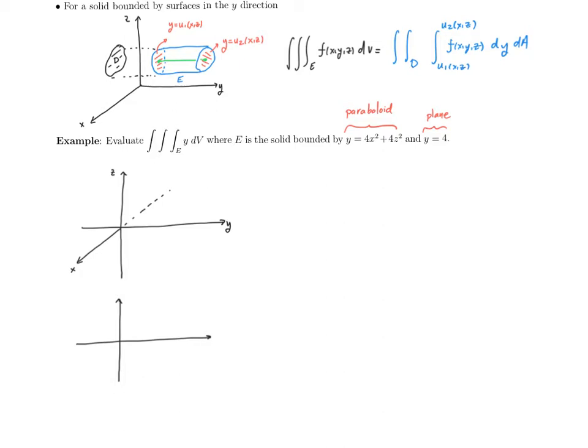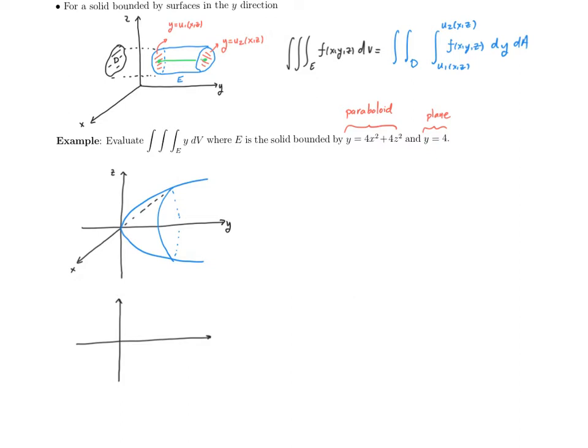So roughly speaking, something of the form seen here, which is a paraboloid wrapping around that positive y-axis. And note, we are bounded by the paraboloid, which we've sketched, and the plane y equals 4.